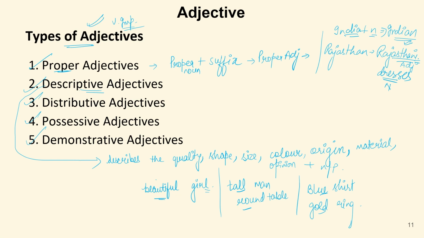Now we have another part of descriptive adjective that we will discuss later on. That is the sequence of adjectives, but that we will discuss later on in the same chapter only.